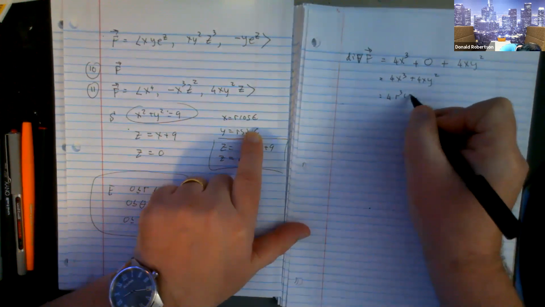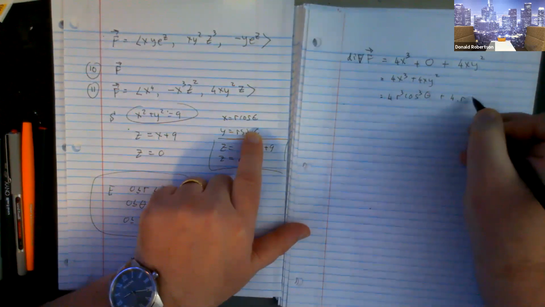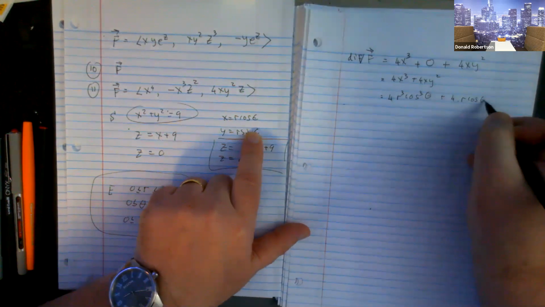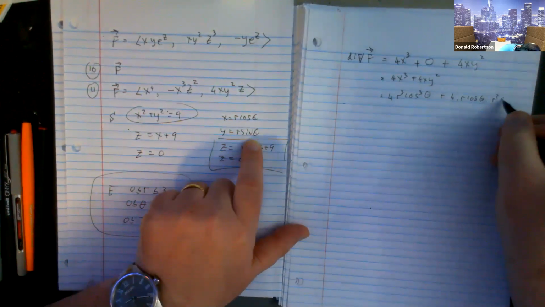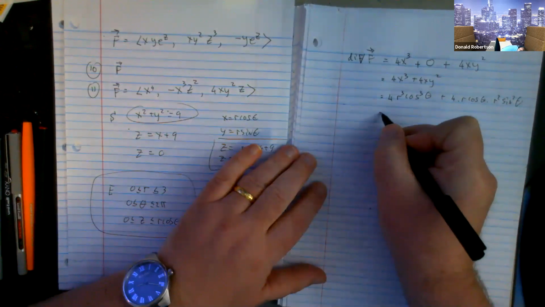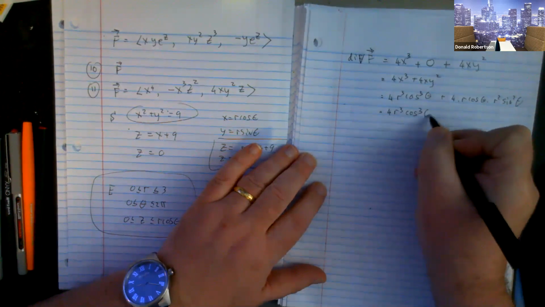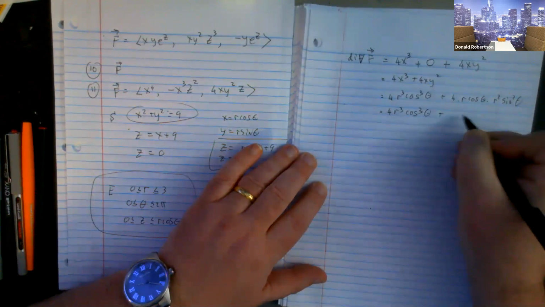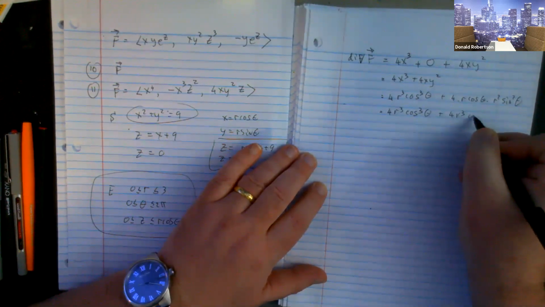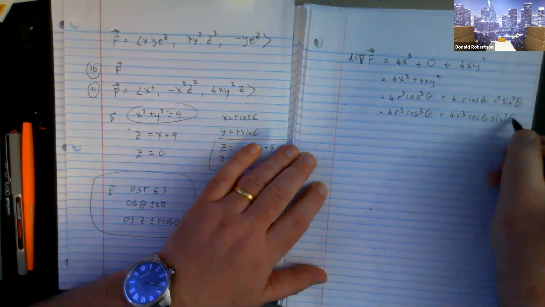4r cubed cos cubed theta plus 4r cos theta r squared sine squared theta. That's going to get me 4r cubed cos cubed theta plus 4r cubed cos theta sine squared theta. Okay, look for style points.